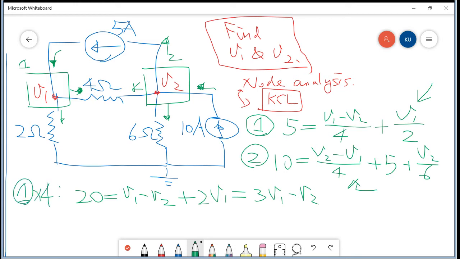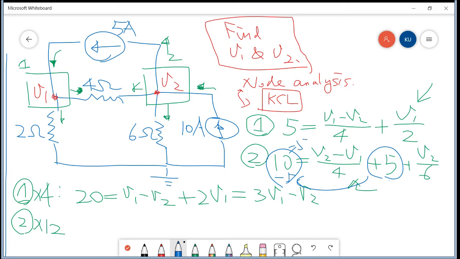So for the second one, we can multiply both sides by 12. Before doing that, we can just move this 5 to the left hand side, which becomes minus 5. So these two terms become 5.